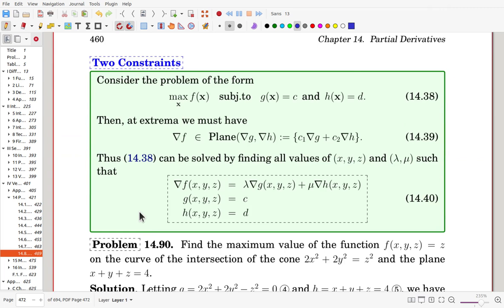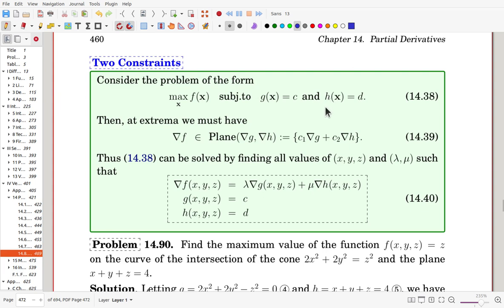Now here we'll consider multiple constraints, and in practice we will consider only 2 of them, but in reality problems come with many constraints, sometimes thousands, sometimes millions, but we'll deal here with 2.